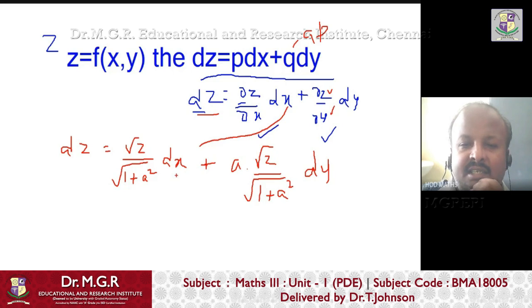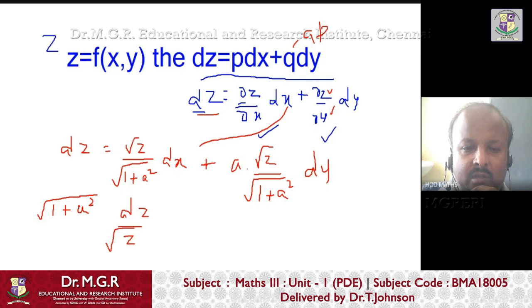But here this is dx; there is no x explicitly there, even though x is inside z. Now you take this z term to the left hand side: square root of 1 plus a square, dz by root z. When it comes to the left hand side, the numerator goes to the denominator and the denominator goes to the numerator.